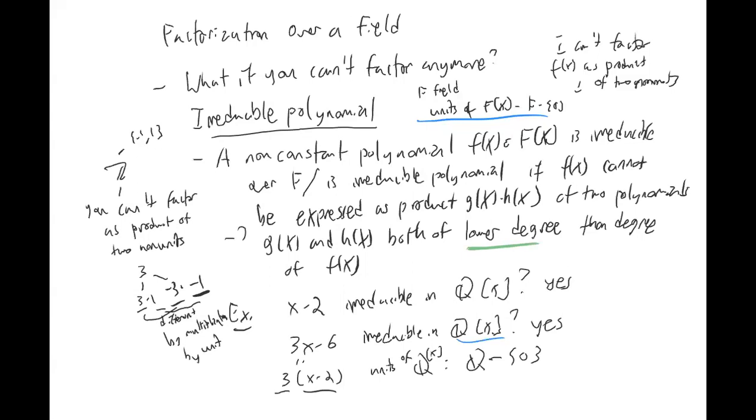I'll put this in quotes, but this is how you should think about it. Take the definition given in the book. It's correct. But you might wonder why you need strictly lower degree, so I'm explaining why. Because this thing certainly factors, but this thing is the same degree. So you wonder, does this count?